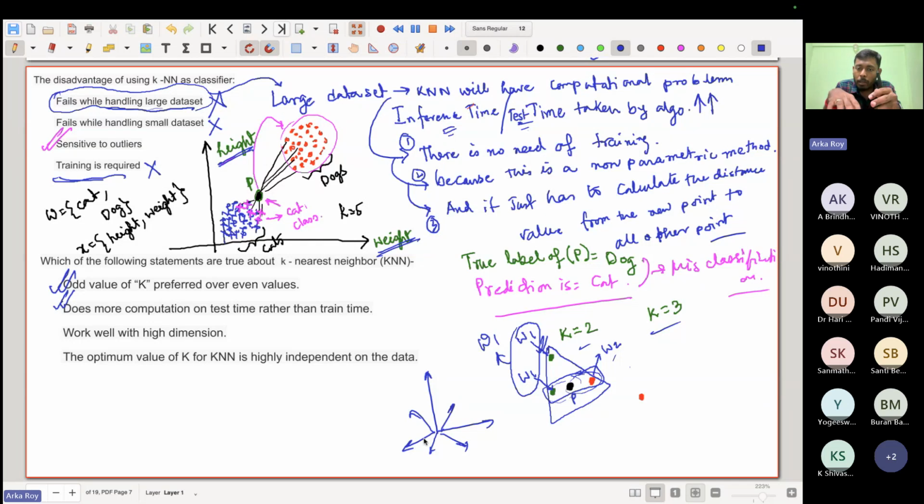When you have larger and larger dimension, these distance values, irrespective of their positions, may blow up to the same order.